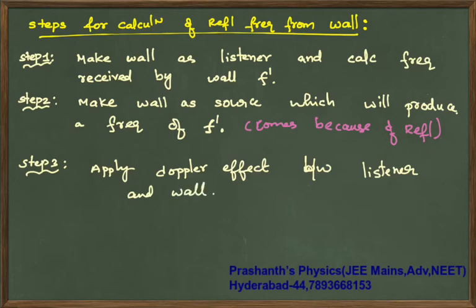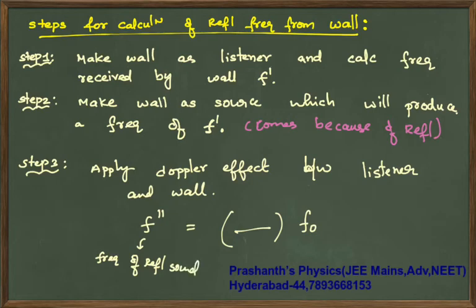That will give you f double dash, which is some constant into f naught. So this is your frequency of reflected sound. Please do copy this stuff. If you have any doubts, just let me know.